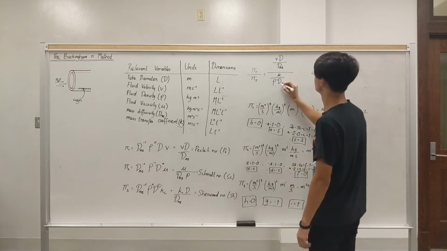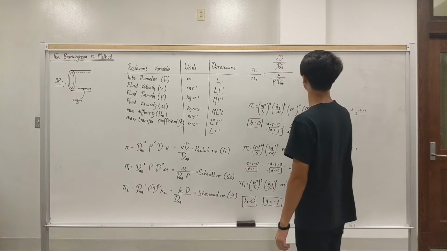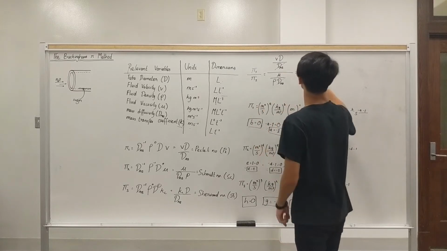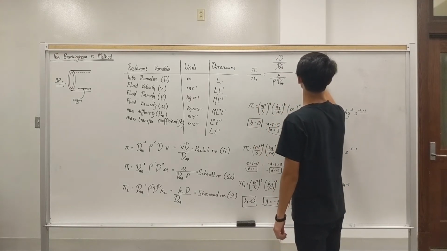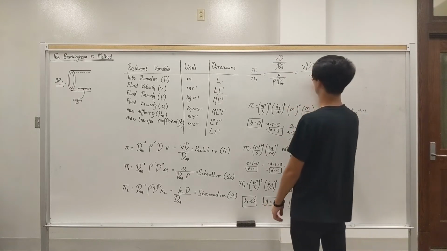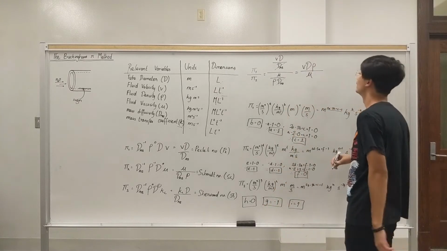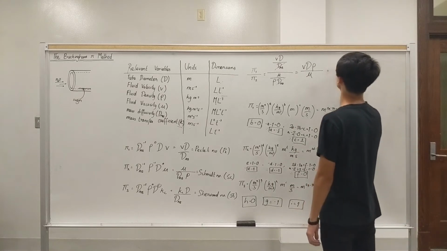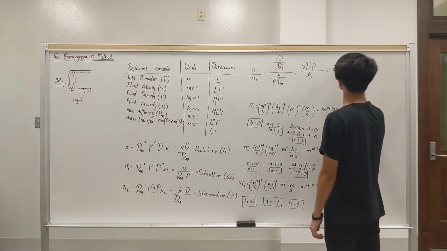Okay, so right off the bat, we see that these two things cancel out, and if we rearrange the variables, that's going to be velocity times diameter times density, all of which is divided by viscosity. Now we know this is actually equal to the Reynolds number.